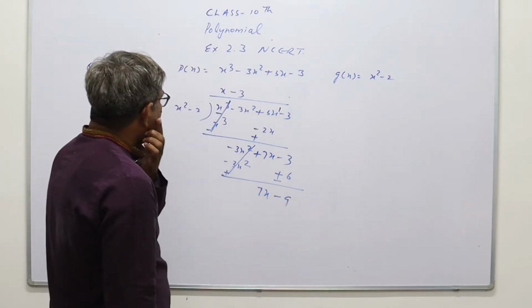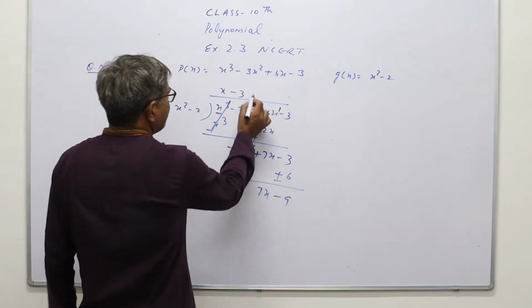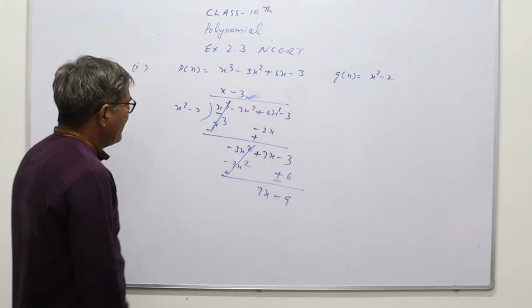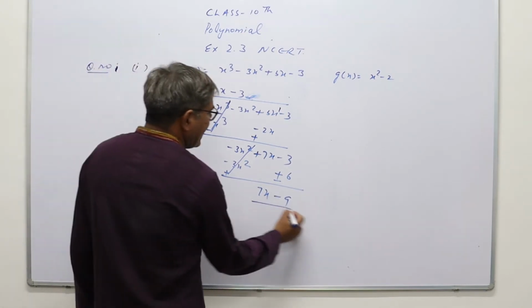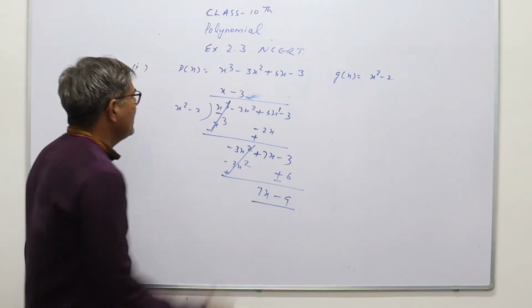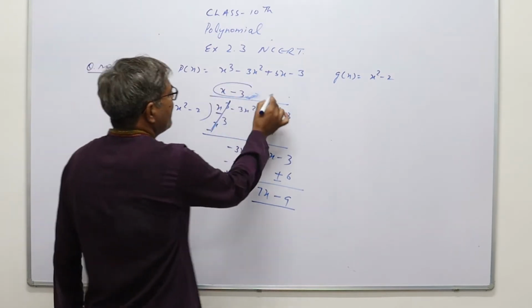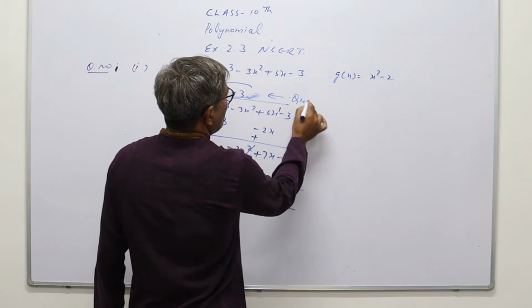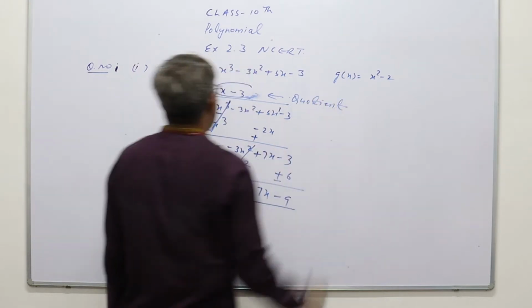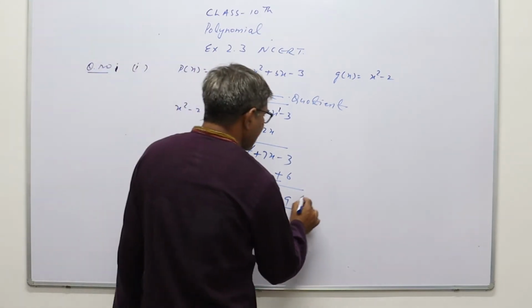Now see, the remainder is 7x minus 9, whose degree is less than the degree of the divisor. So here the quotient is x minus 3 and this is the remainder.